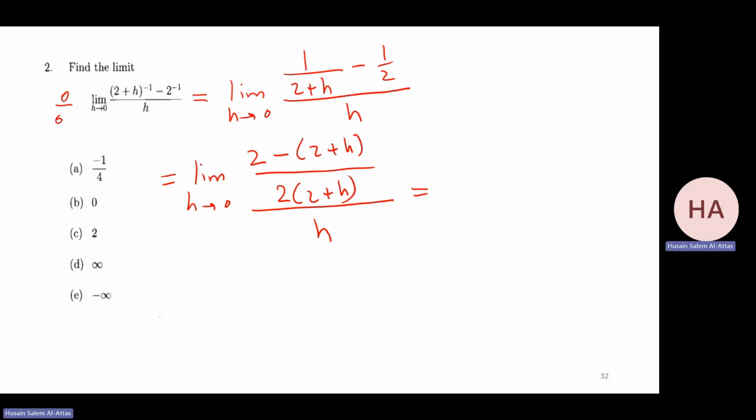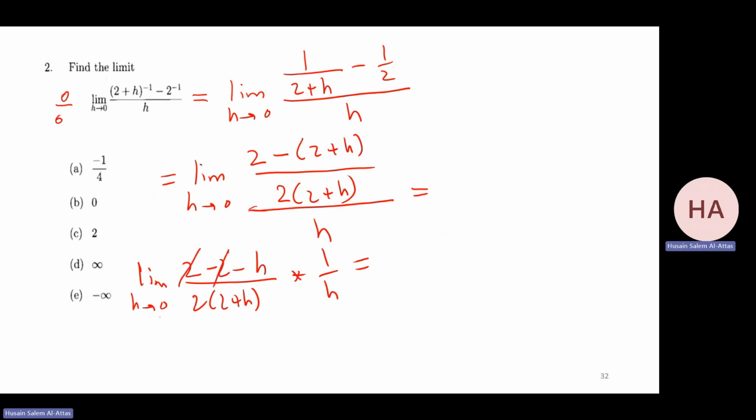This one is what? It will be limit, let me do it here, limit h goes to 0, 2 minus 2 minus h over 2 plus h, times 1 over h.